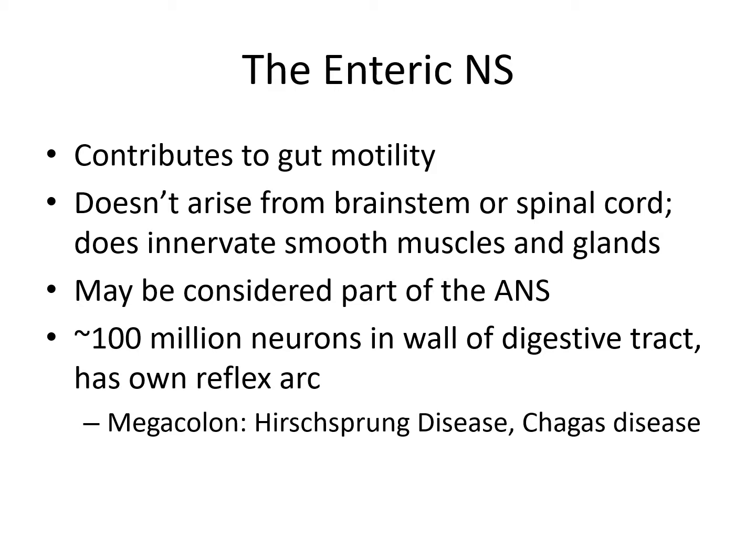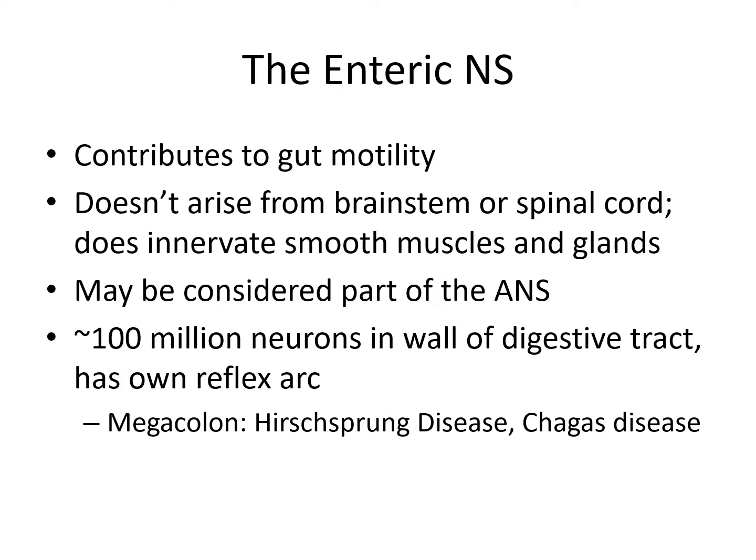So again, there are similarities and differences here in terms of origins, but also effector organs. Some people do consider this part of the ANS. It consists of over 100 million neurons within the wall of the digestive tract, and it has its own reflex arc.